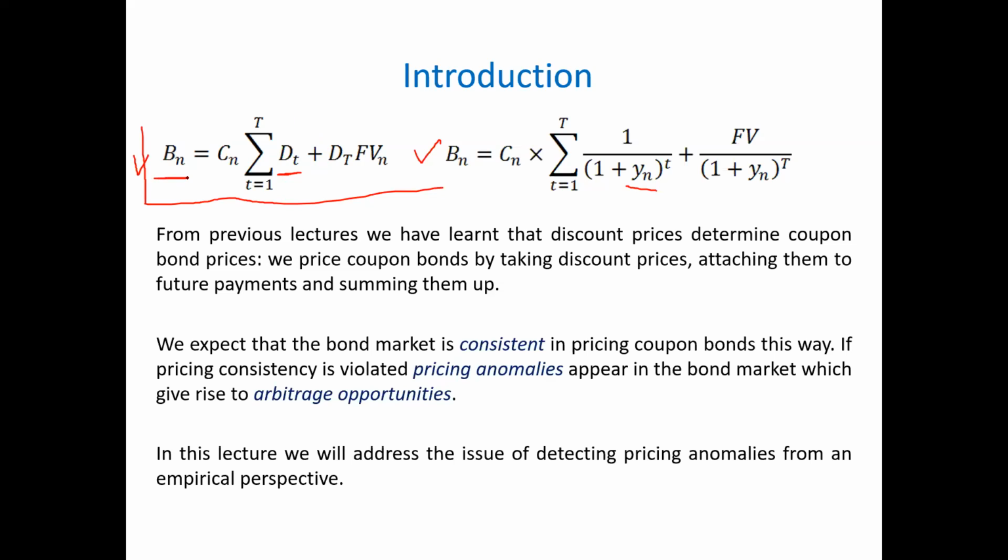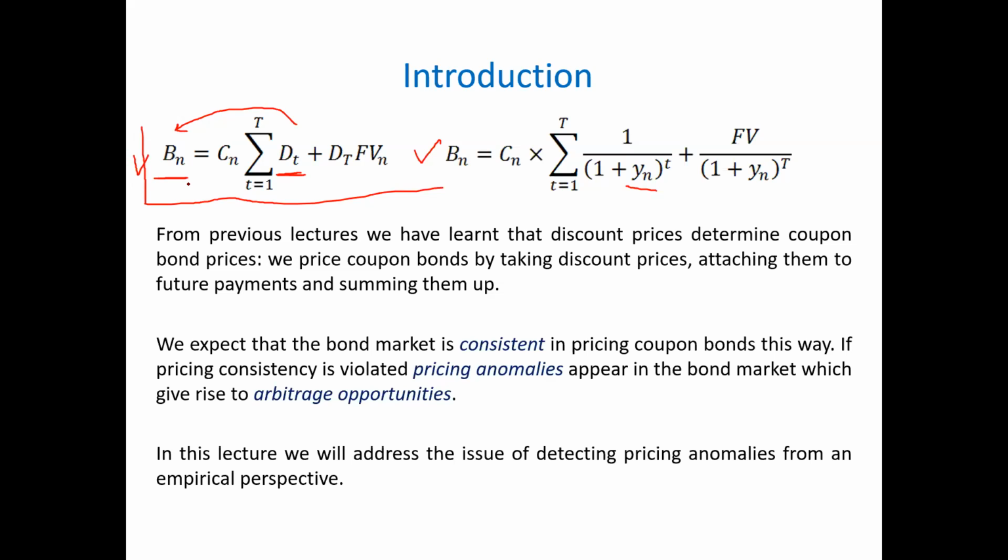So we see a connection between two very important segments of the government bonds market, the coupon bonds market and the discount bonds market. And we see that whatever happens or occurs in the discount bonds market influences what occurs in the coupon bonds market because of this consistency relationship.